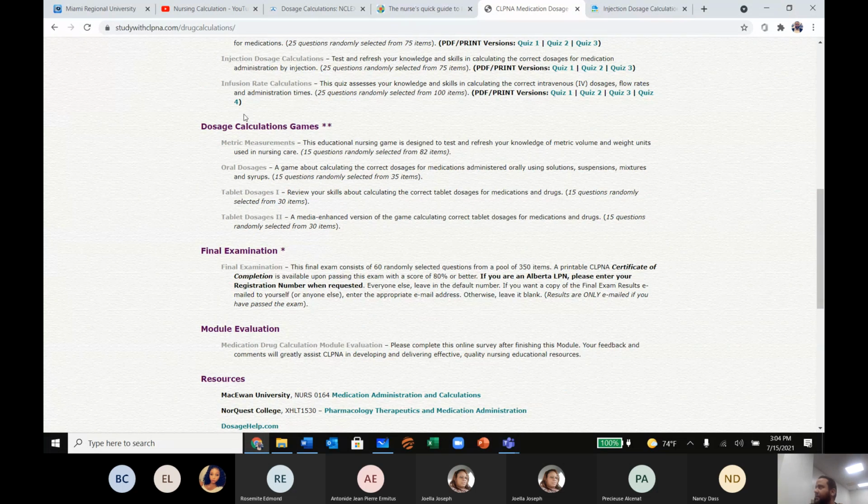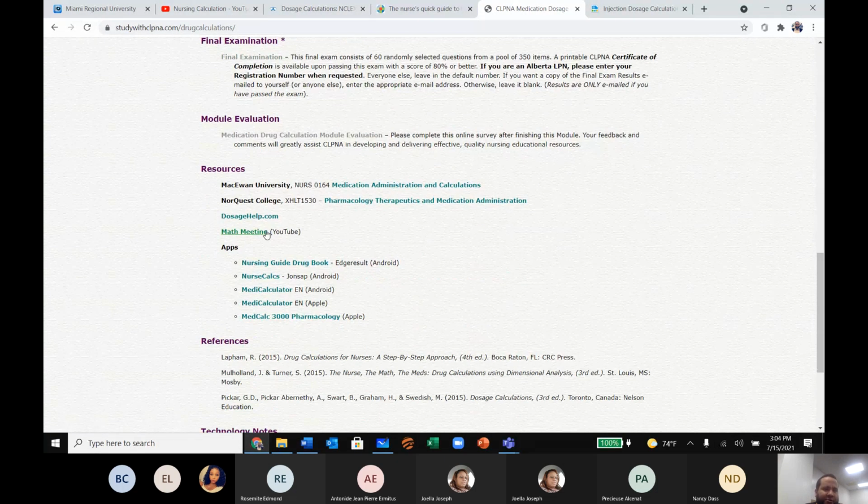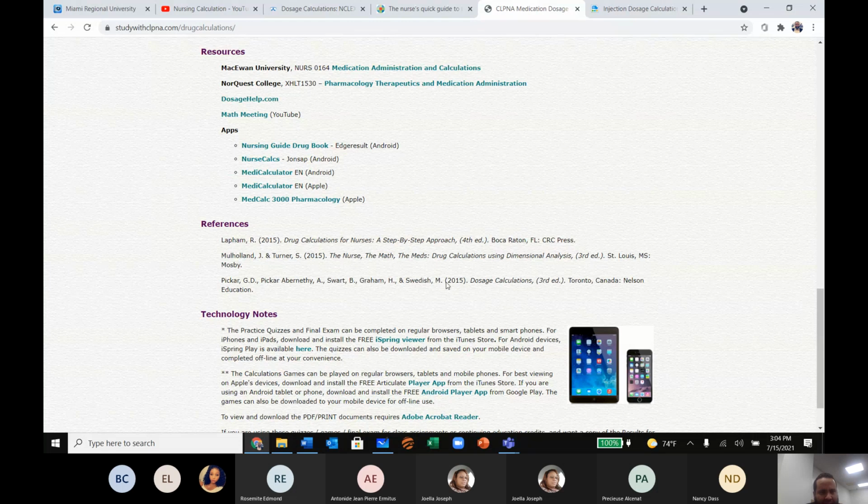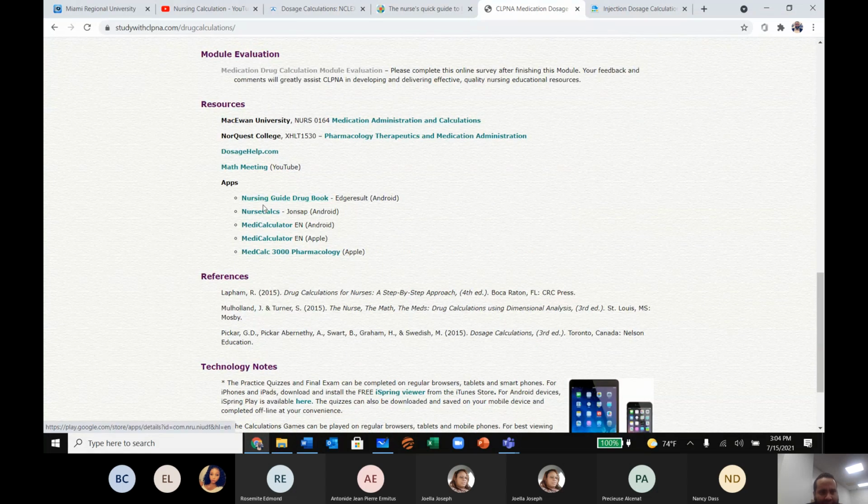Also, they have a final examination, like a final test, all related to math, guys. And we have a lot of support, and they recommend even some apps that you can download on your cell phone and practice when you have a chance.